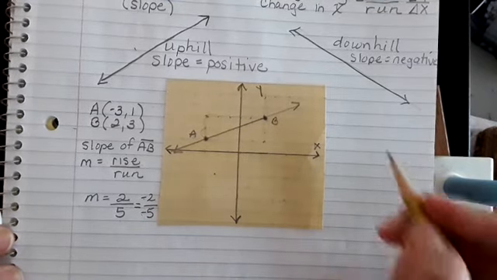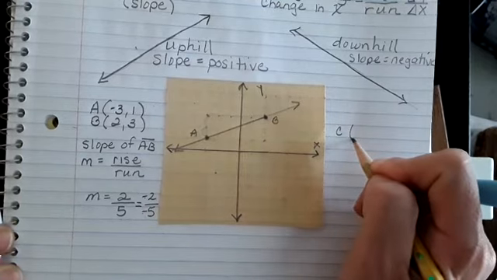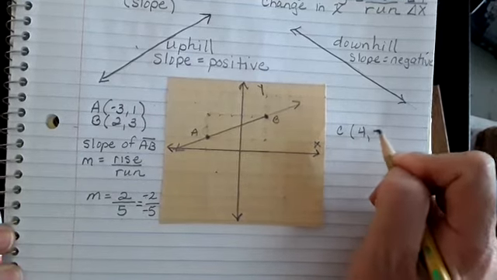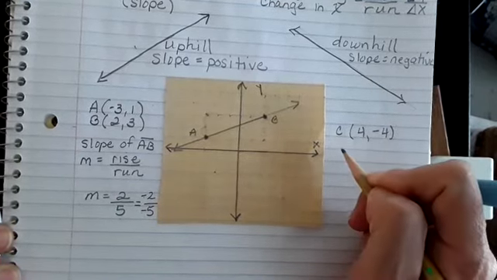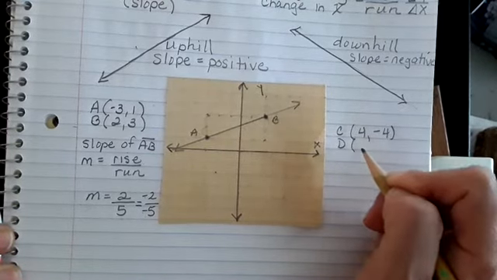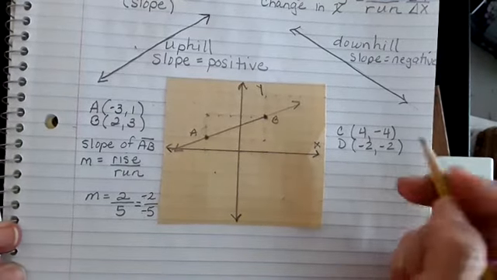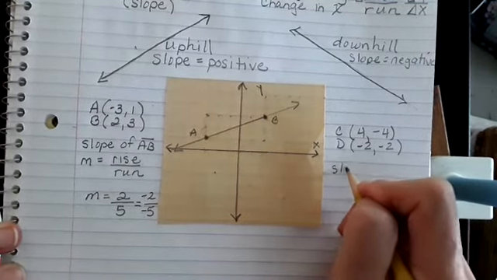All right, so let's take the point C. Let's make that at 4, negative 4. And let's put point D at negative 2, negative 2. Let's see if we can find the slope of CD.